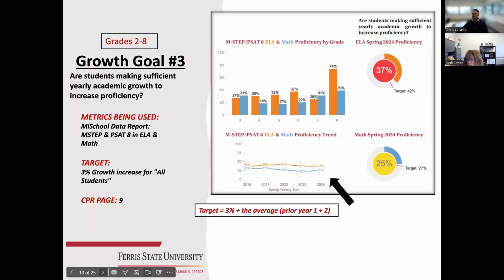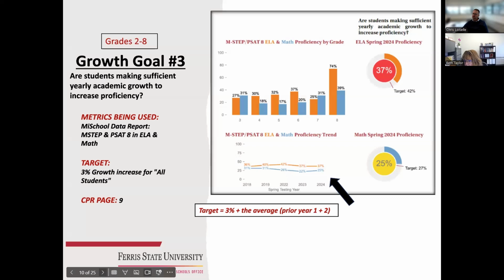Below that, you will see the proficiency trend. The reason that we add this trend for you to see is not only to see your trend data, but so you can see how we make the target for you. And that is 3% plus the average of the prior 2 years. So if you are looking at math, for example, if you look at years 22 and 23 and take the average of those 2, 26 plus 22 would give you an average of 24.